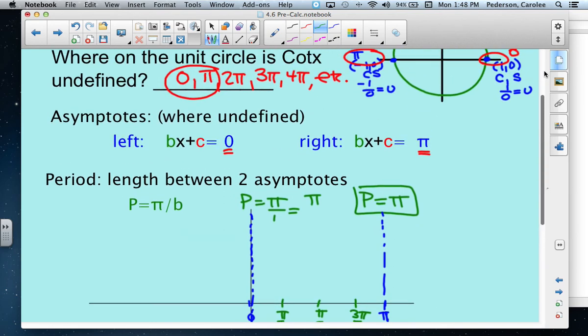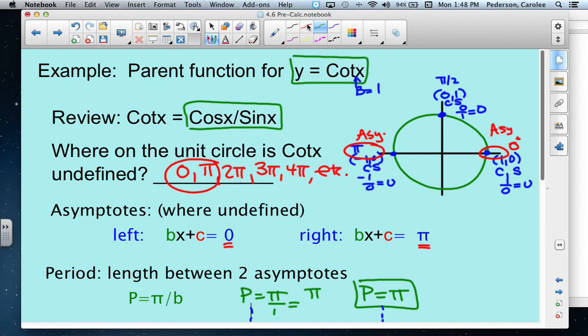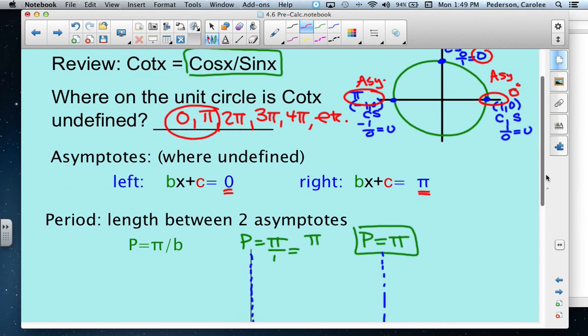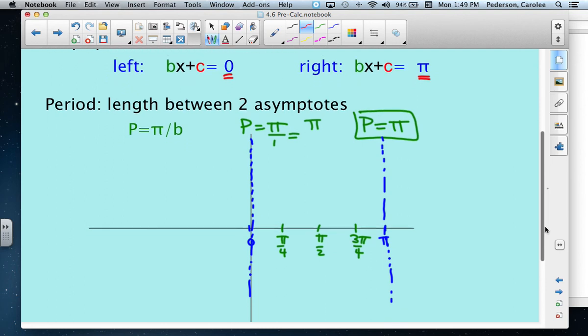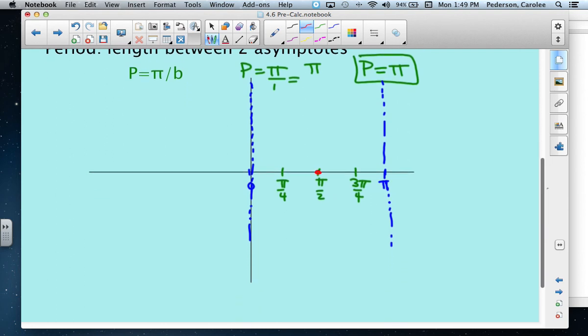When I was up here on my unit circle, I noticed that with pi over 2, if I figured out the cotangent, I got a value of 0. So that's my point right here. Now, at pi over 4 and 3 pi over 4, I have 1 and negative 1.